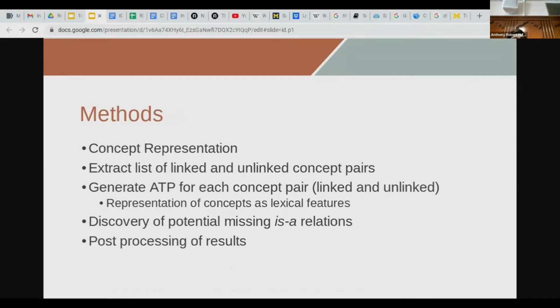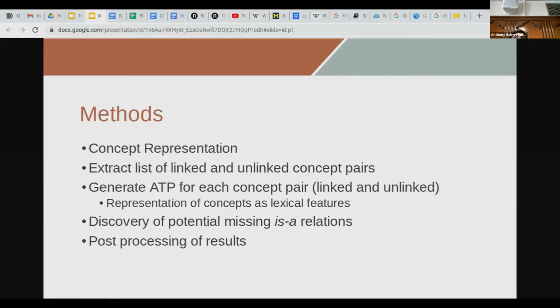So looking into the methods of what we did here, I'll briefly explain how concepts were represented, how we used the reasoner to extract ancestors and leverage that to create a list of linked and unlinked concept pairs, and then how we generated our acquired term pair, ATP, for each of these concept pairs, both linked and unlinked, which is basically how we represent a concept pair as its lexical features, and how we leverage that acquired term pair to identify potential missing ISA relations.